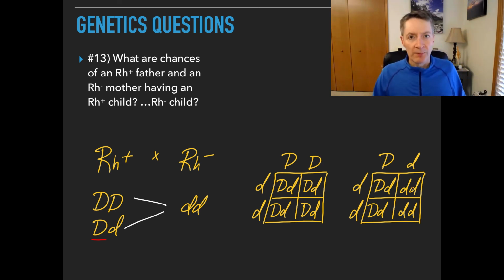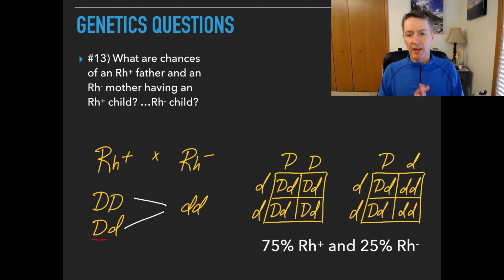When I count up the big D, little d possibilities, I get 1, 2, 3, 4, 5, 6, and there's 8 little squares altogether. So 6 out of 8, or 3 out of 4, that's 75% Rh positive, and there's only 2 out of 8, or 1 out of 4, 25%, Rh negative. All right, and that is therefore your answer.